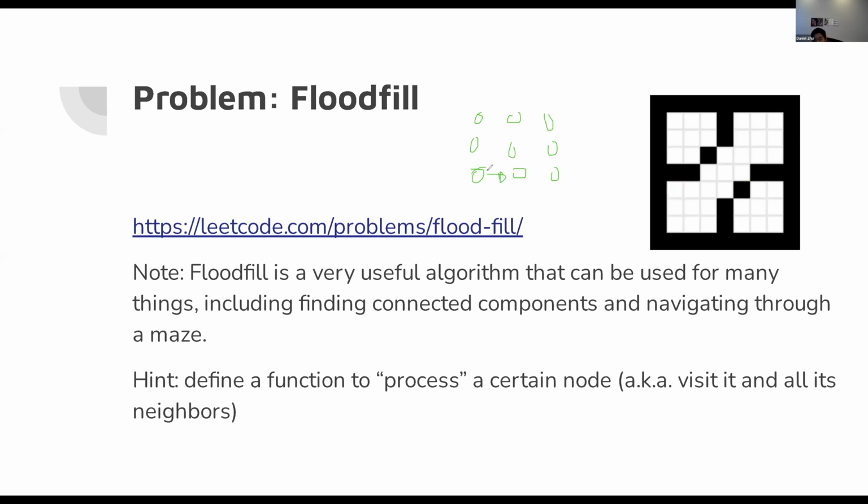Well, first it changes to 1. You go right, change it to 1. And then when you come here, you go to the right again, change this to 1. You try going right, doesn't work. Try going left, you already went there. And then you go up, 1. And then try going right, you try going left, and going to the left, this is 1.